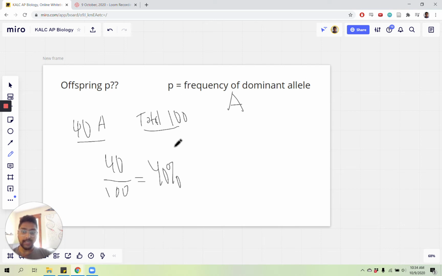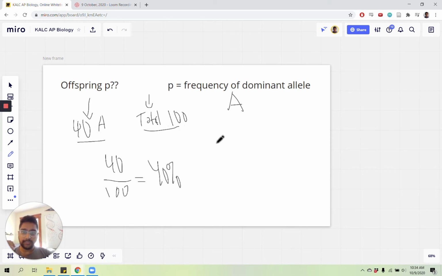However, that's not the case in our lab because we want to generate an equation. So essentially, what we need to do is use what we've already calculated. We already know the total number of alleles in our lab because we calculated that. We also already know the number of A alleles in our lab because we calculated that. Those are numbers that we should have from questions 15 through 18.